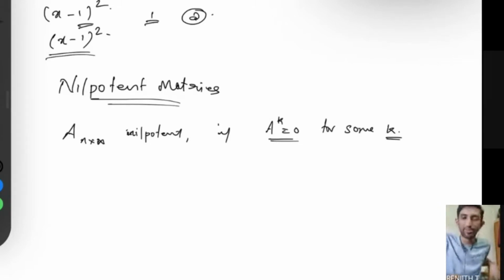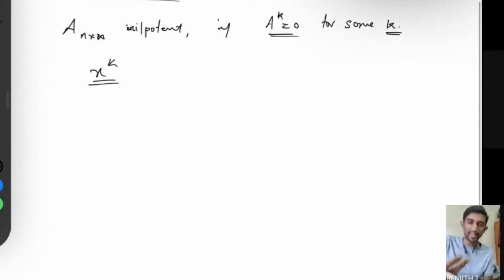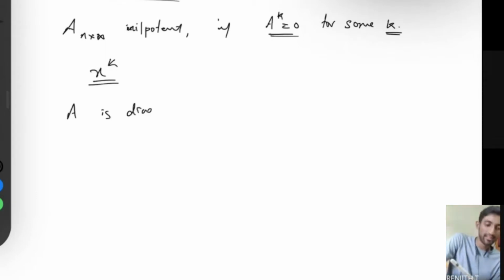Now you know that its minimal polynomial will be x to the power k, and the only characteristic value is 0. So if the matrix A is diagonalizable, then the only diagonal values will be 0 and it will become a zero matrix. So a nilpotent matrix A is diagonalizable only if A is identically equal to 0.